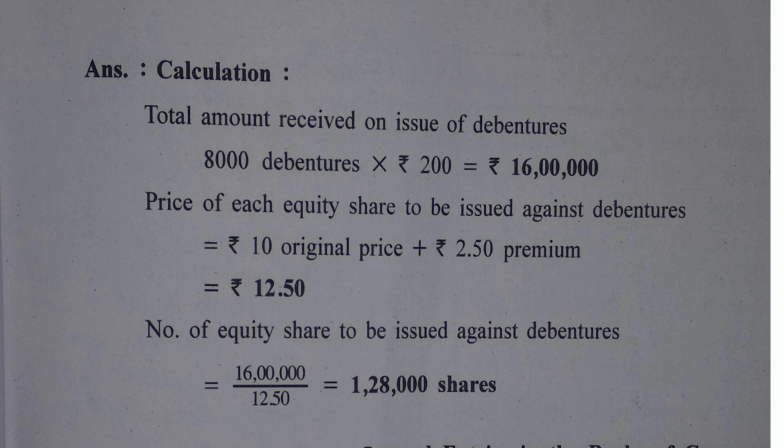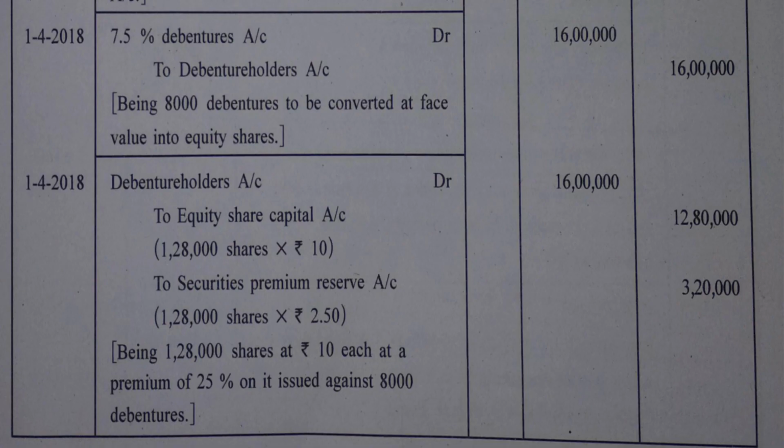So 12.5. So here in the fourth journal entry, rupees 10 in equity share capital and 2.5 in securities premium reserve account. Alright. So the first three journal entries, if you have seen, are similar to the previous sums. There was a change only in the last journal entry. And with this, we complete this illustration.